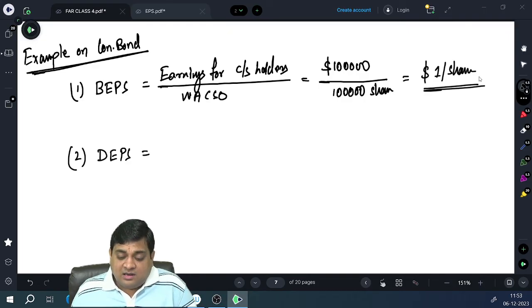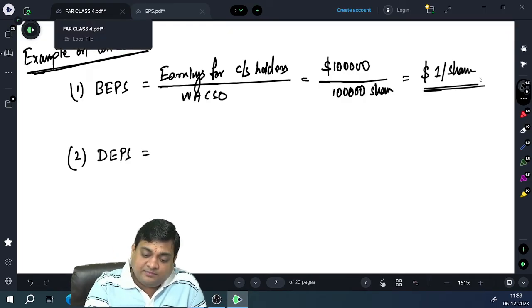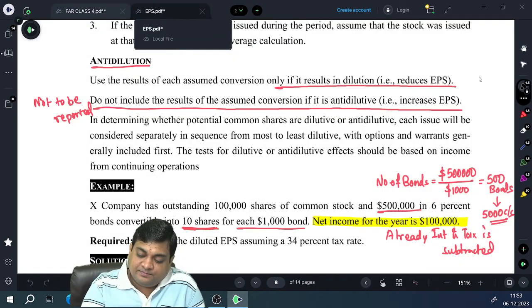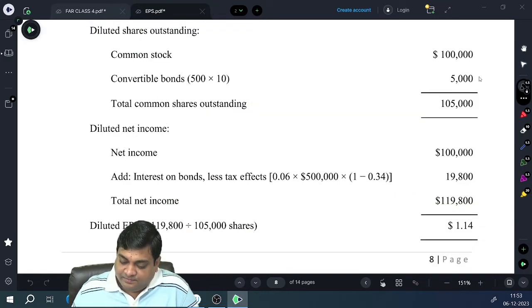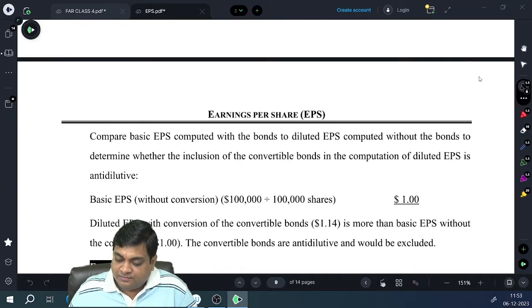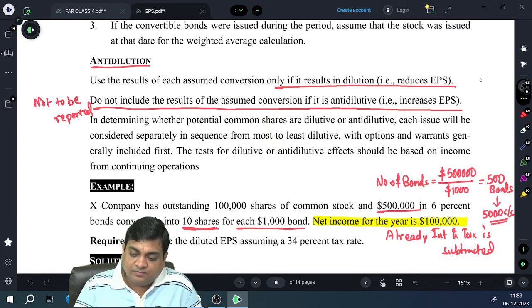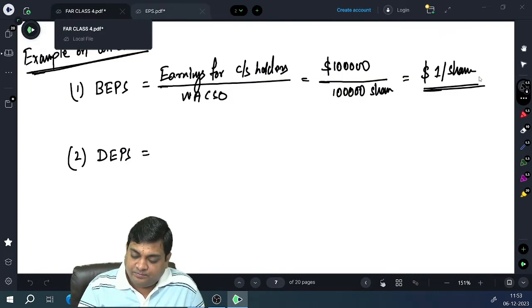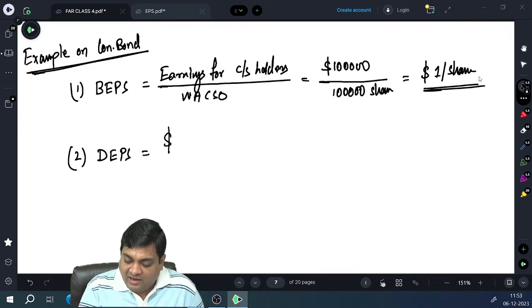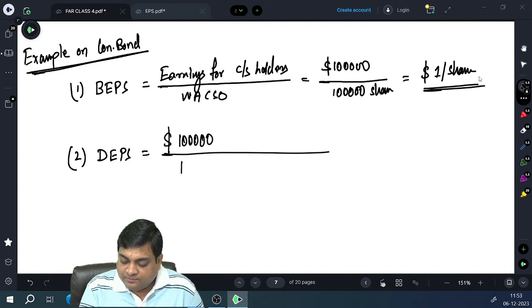Let us now see diluted earnings per share. Right, now, already we had $1 lakh and 1 lakh shares.